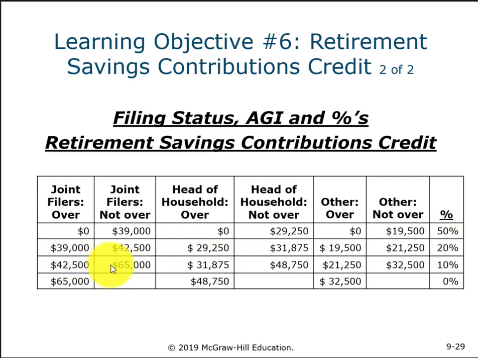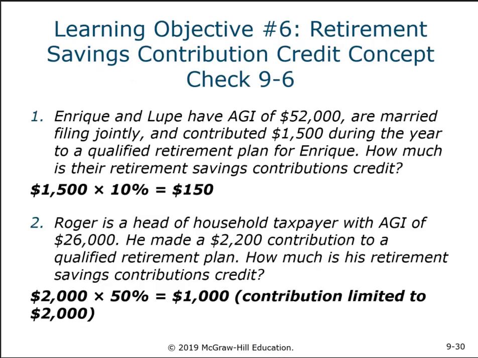All right, your income goes up again. It's only 10%, and then if you're over 65, 0. Over 48,750, 32,500, 0 for single. So you only get a 50% credit if you're up to 19,500. Okay, that's how this plays out.